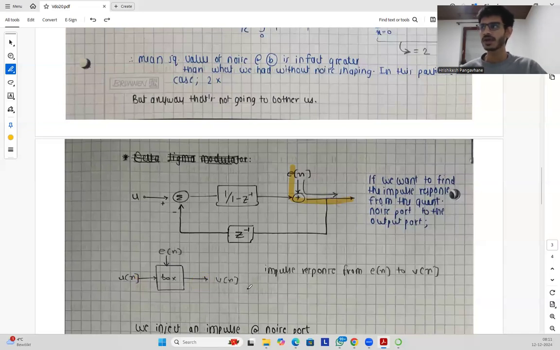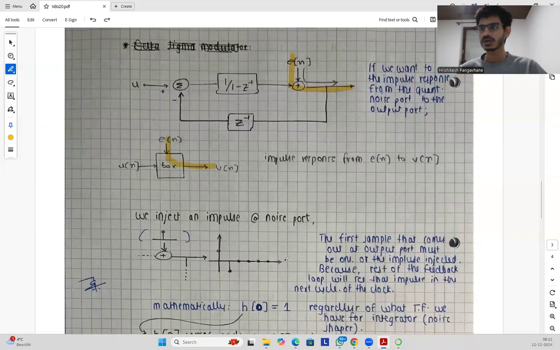If we were asked to find the impulse response from the quantization noise port to the output port, then what we do is inject an impulse at the noise port. Let's say this is one impulse.